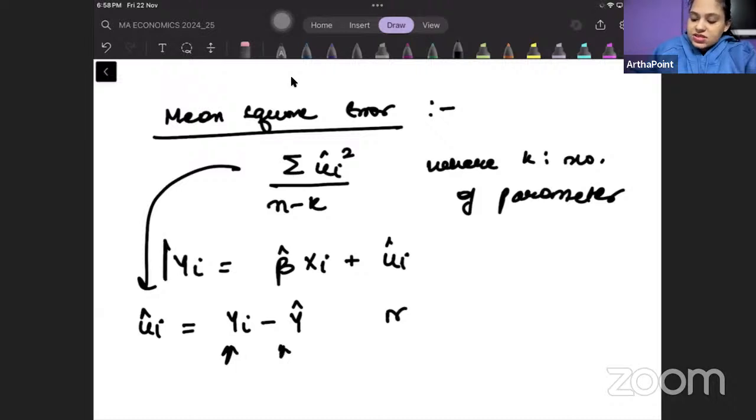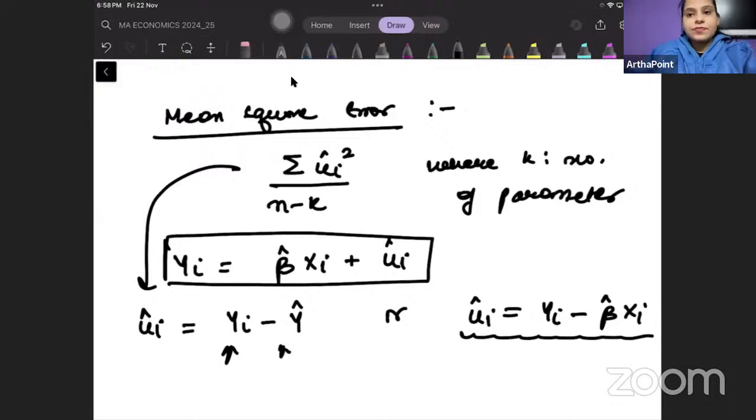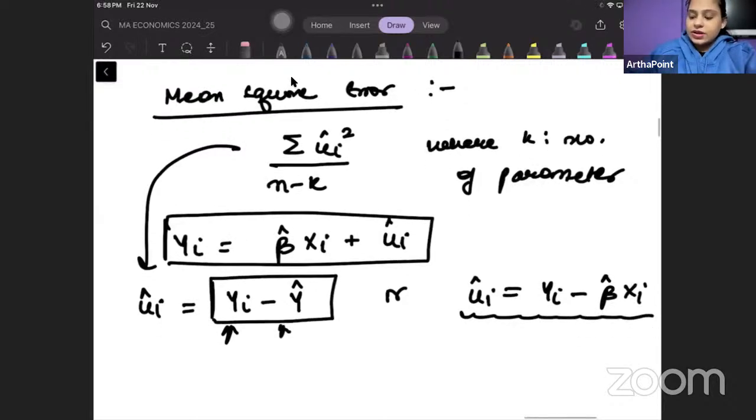Or from this equation also you can find ui hat, and ui hat can be yi minus beta hat xi. Sometimes they can use this also in exam. Currently they are using this form, right? Number of parameter k. How many k betas are there? Only one beta is there. So k is 1.